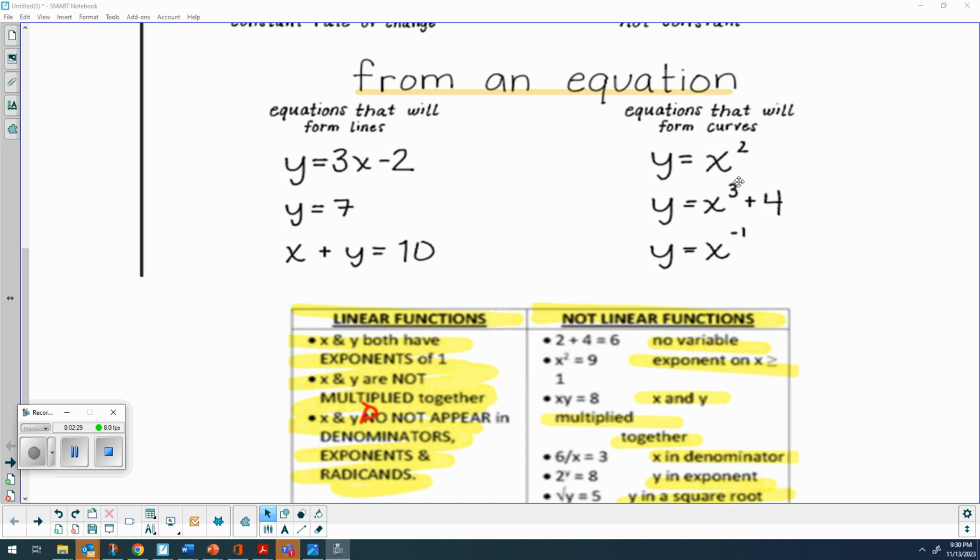In contrast to equations where you do have a variable, like here, y equals x squared, because the x has an exponent above it, that would be considered nonlinear. At the bottom is some other criteria you can look for the linear equations rules versus nonlinear.